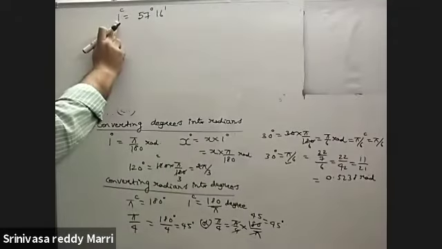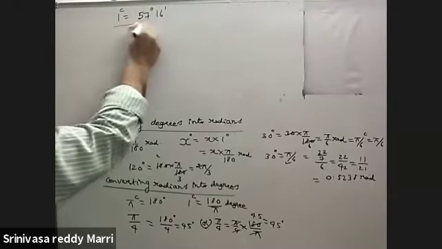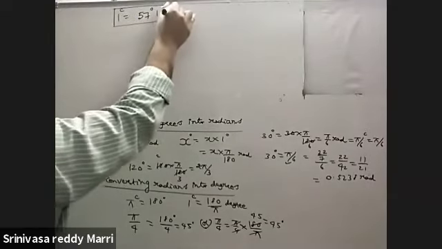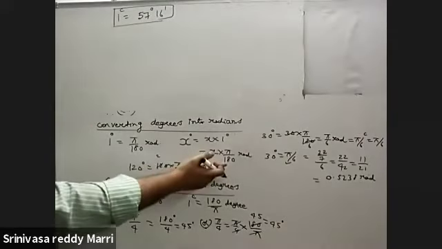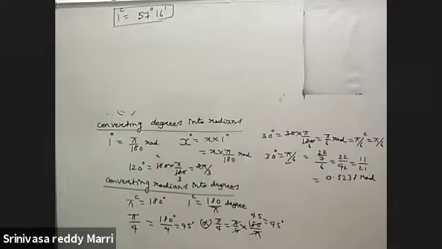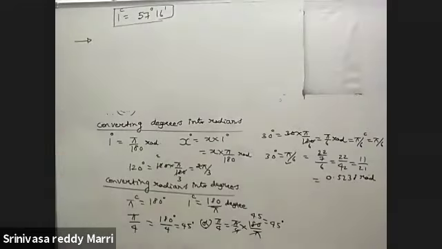You remember this one. 1 radian into 180 by pi, you will get the value like that: 57 degree 16 minutes. Now you have known how to convert degrees into radians and radians into degrees.